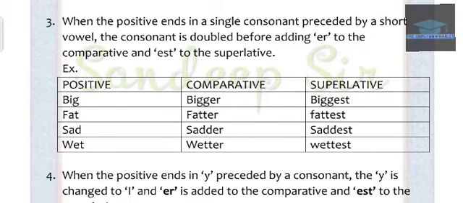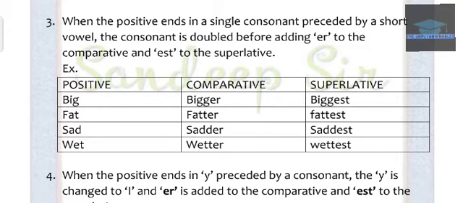Third rule. When the positive ends in a single consonant preceded by a short vowel, the consonant is doubled before adding er to the comparative and est to the superlative. So we can see in the first example, the word is big. It ends with a single consonant G, and it is preceded by a short vowel I. So what we have to do to make it comparative, we will just double the last consonant.